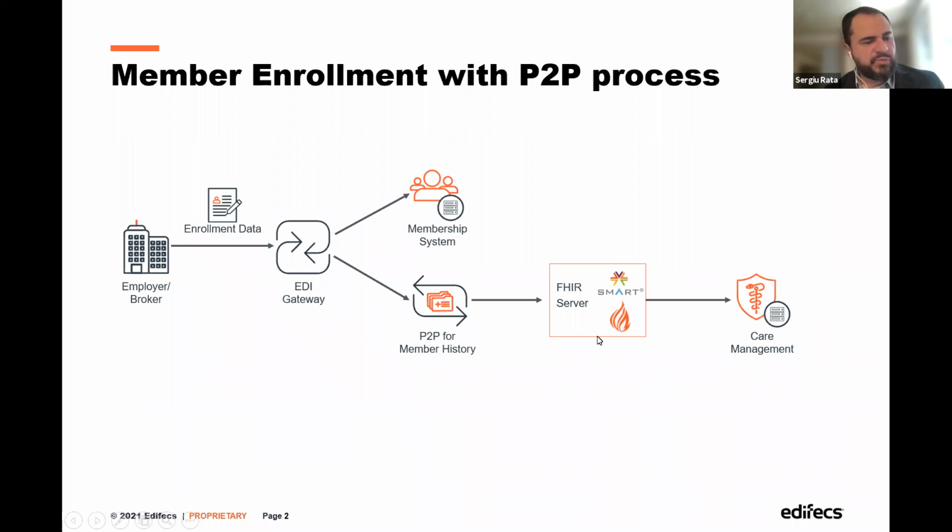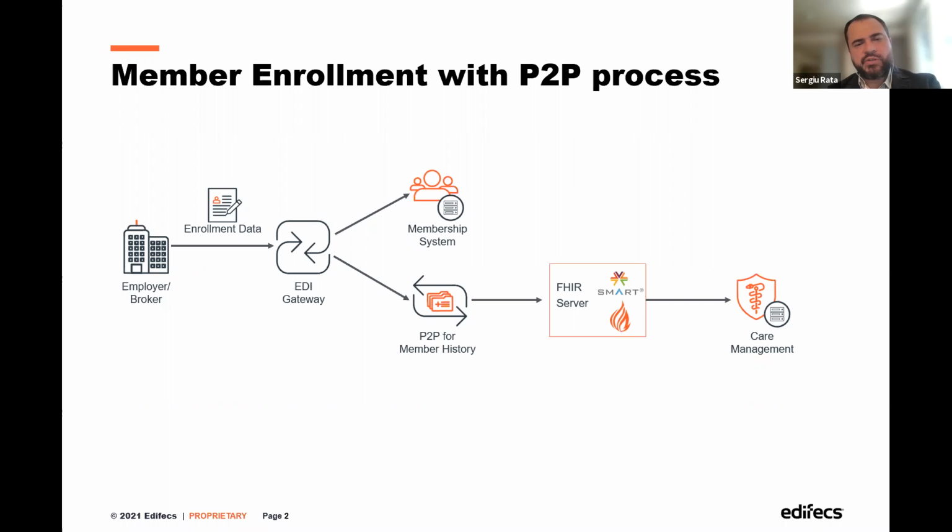And this, of course, is a great opportunity for payers nowadays to use that new data for their value-based care, or at the very minimum, push it to the care management team in case members have been flagged for additional review, or some additional new information has been obtained that may warrant this.